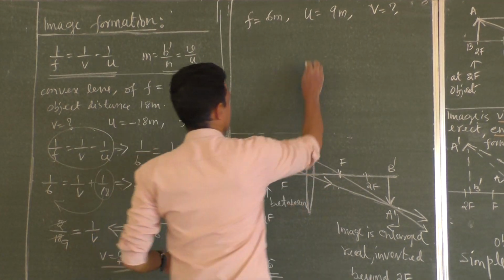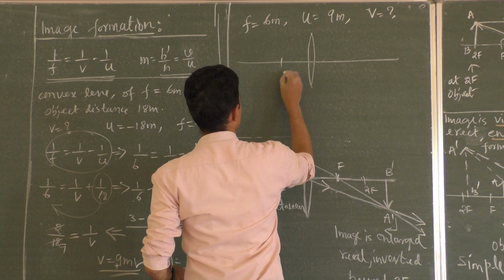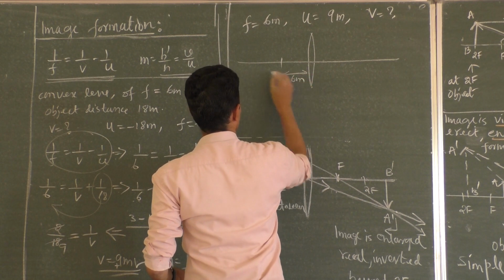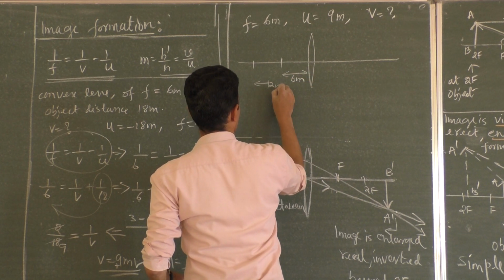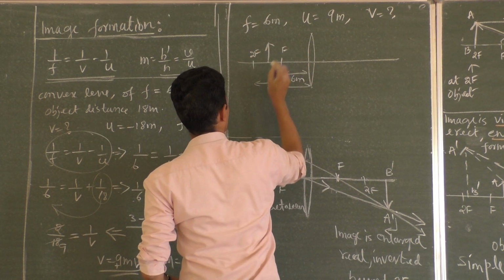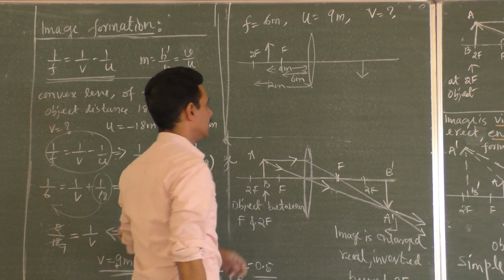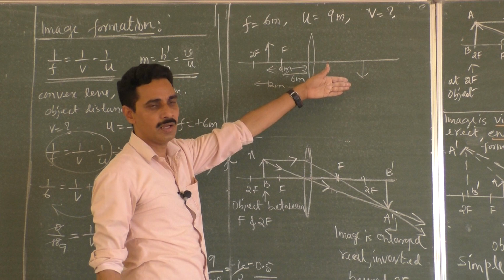And where is the image distance? If I draw it like this, this is 6 meters and this is 12 meters, this is 2F, this is F, and the object is here at 9 meters. And the image should be formed somewhere here. You know that when the object is between F and 2F, the image is beyond 2F.